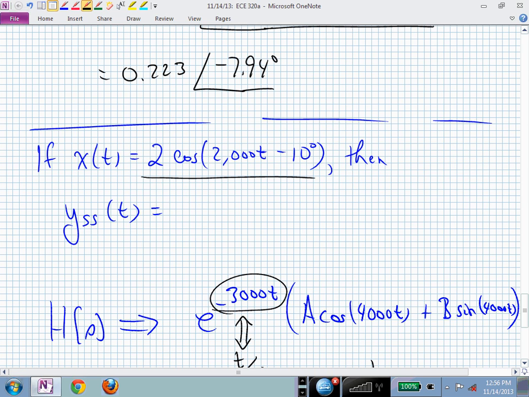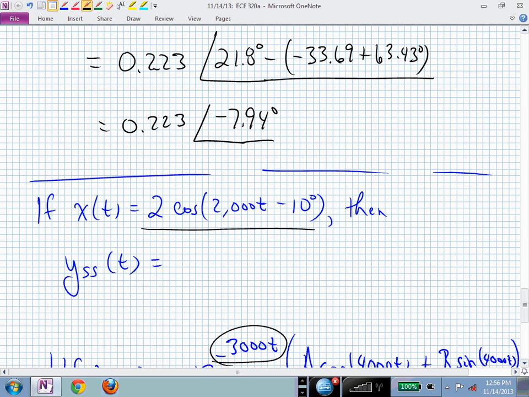What's my sinusoidal steady state? It's not that hard because we've already found all that we need to write it down. What's our frequency that we're interested in? If I'm shaking this system at 2,000 radians per second, that's what's going to be persisting in the output.